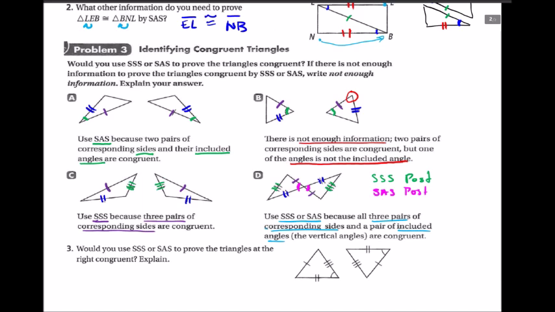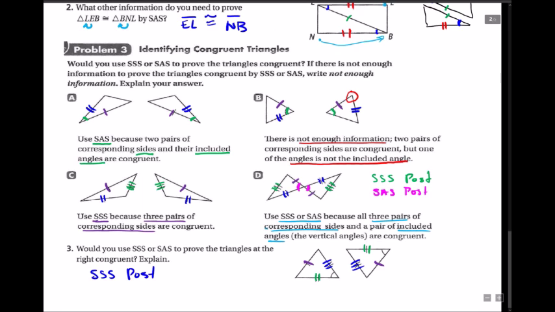All right, let's just look at this last one here together. Would you use SSS or SAS? Tell me what you think. I see 1, 2, 3 sides. That says SSS to me, but we have an angle.